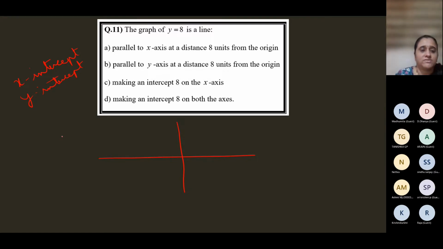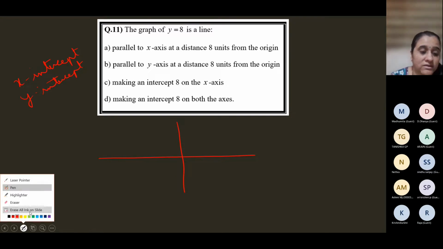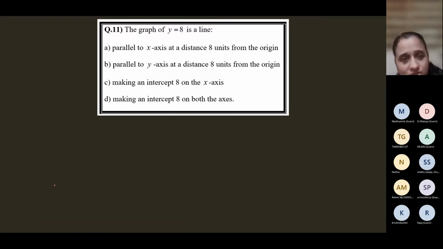Have I spoken to you about x-intercept and y-intercept, children? No. Okay, so the correct option to this question may be A. But I need to explain about the intercepts. So we'll hold this question also for Saturday.